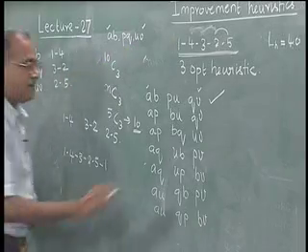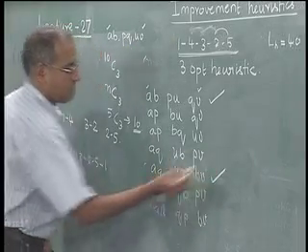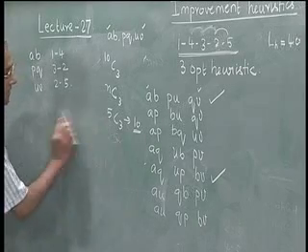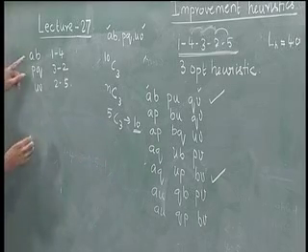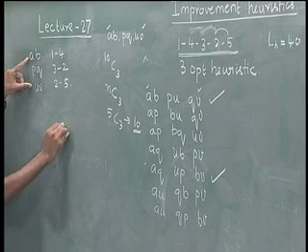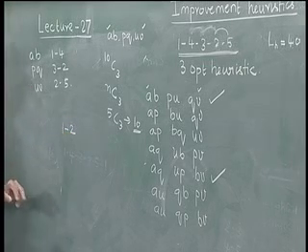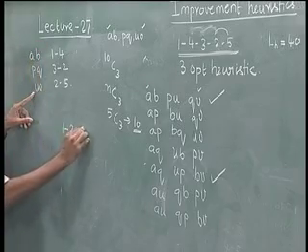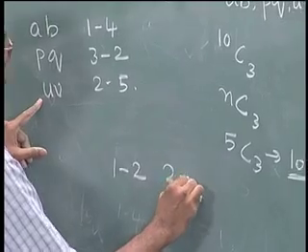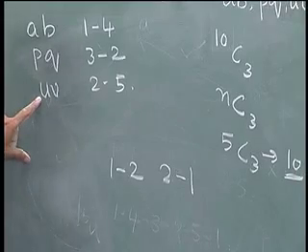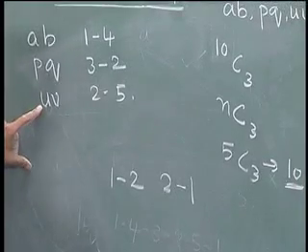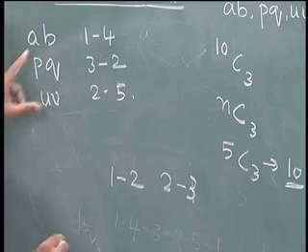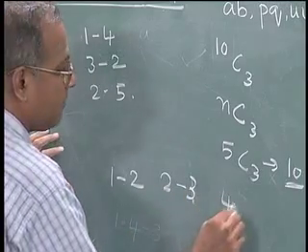Whereas, if we look at this one, we get AQ is 1,2, UP is 2,3 and BV is 4,5.